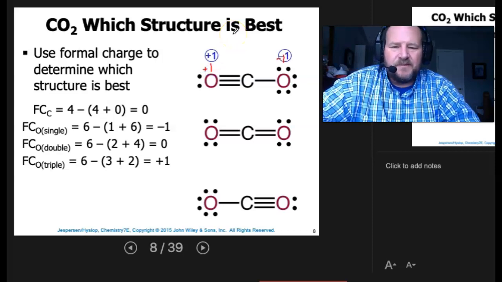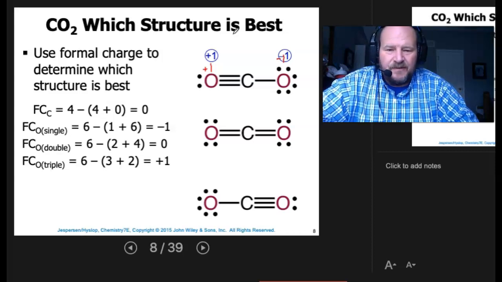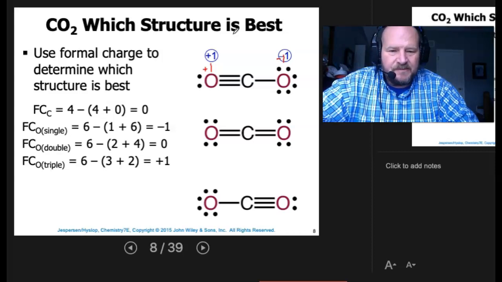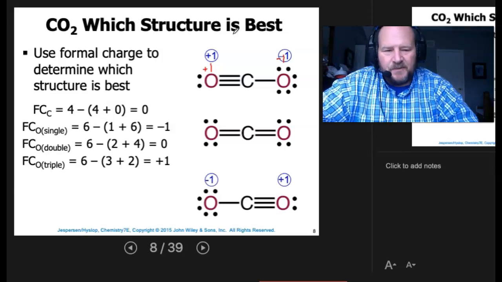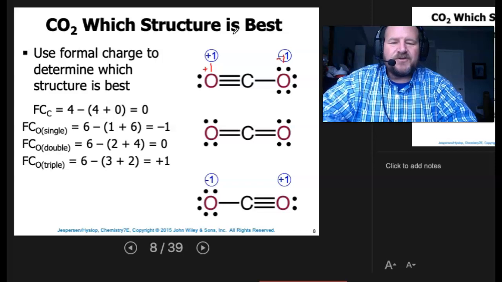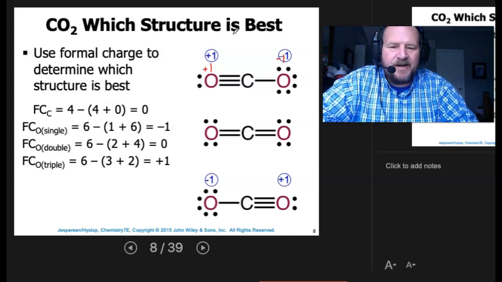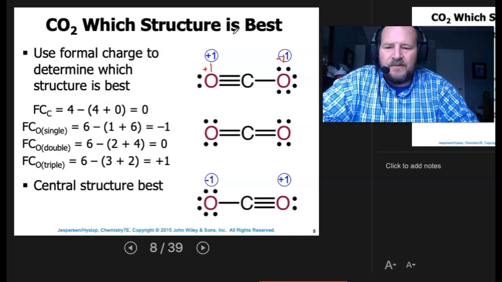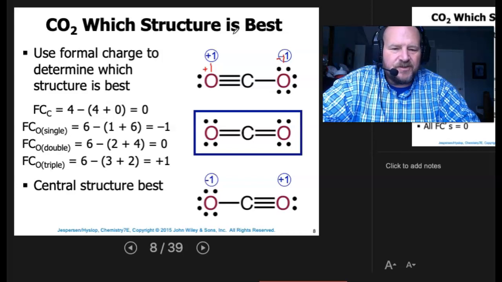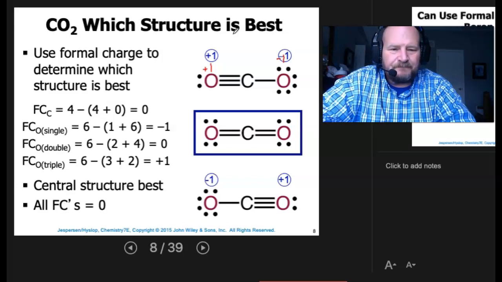All right, so we have plus 1, minus 1, and of course zeros on the CO2 with the 2 double bonds, and then minus 1 plus 1 on the third structure. So if these are our 3 structures and these are the formal charges, then once again the 2 double bonds will end up being the right answer. All right, so the central structure will be our best structure. Here all of our formal charges are going to be equal to 0.